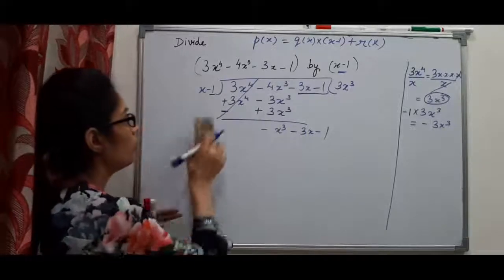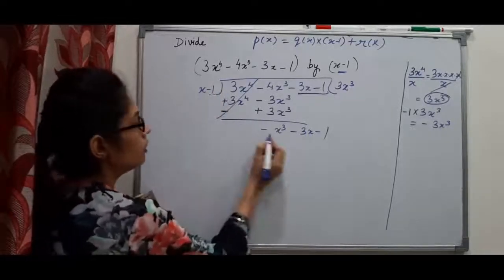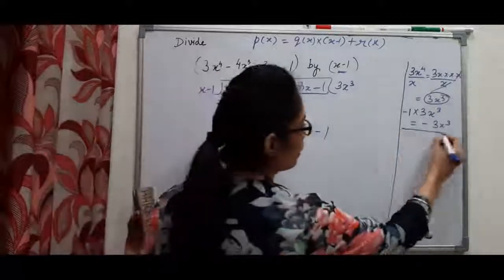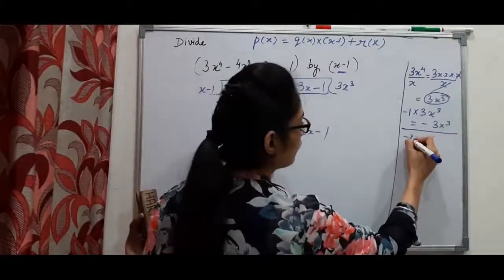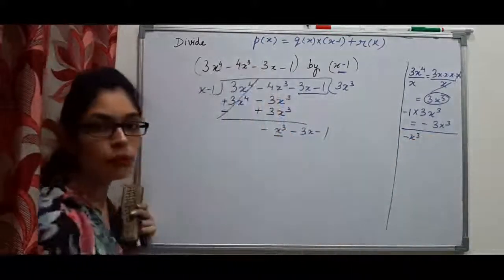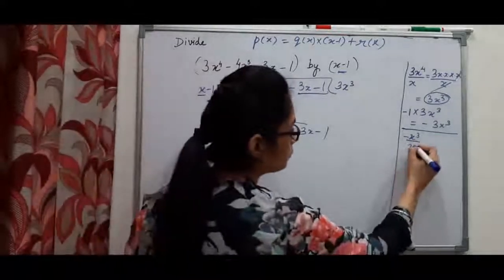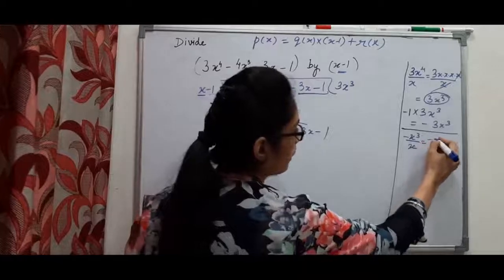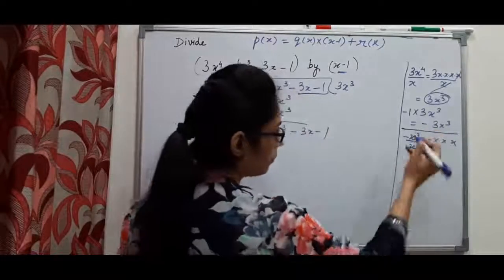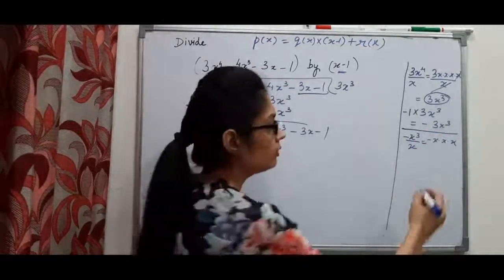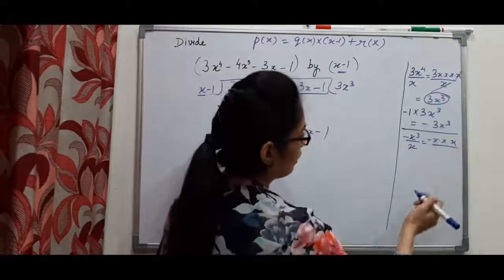Now same way again we have to do, just look this first term, write it down here, minus x cube. So every term you have to write along with the sign. This first term, this is x, so I can expand it, x into x into x. X to the power 3 means I have 3 times x I have to write.